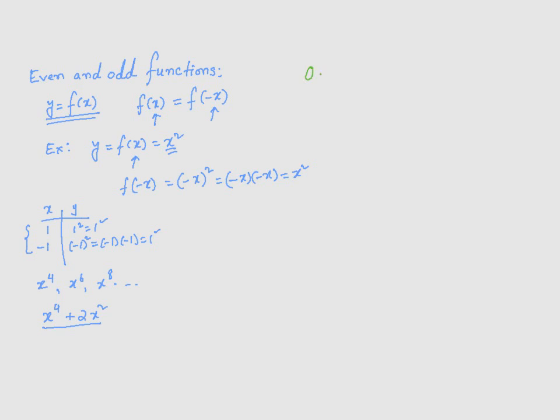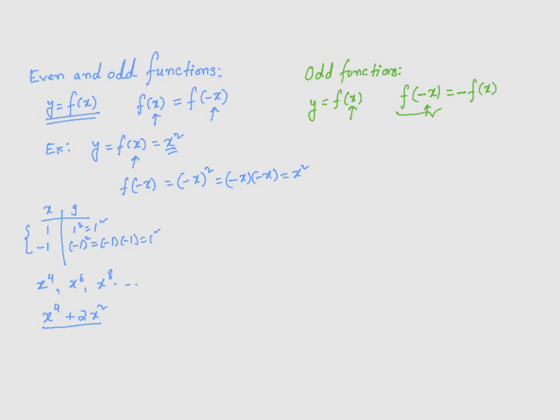So we are going to talk about odd functions. If you have a function f of x, y is equal to f of x, and you replace x by negative x, the effect of this is multiplying the original function by negative 1, which is negative f of x.